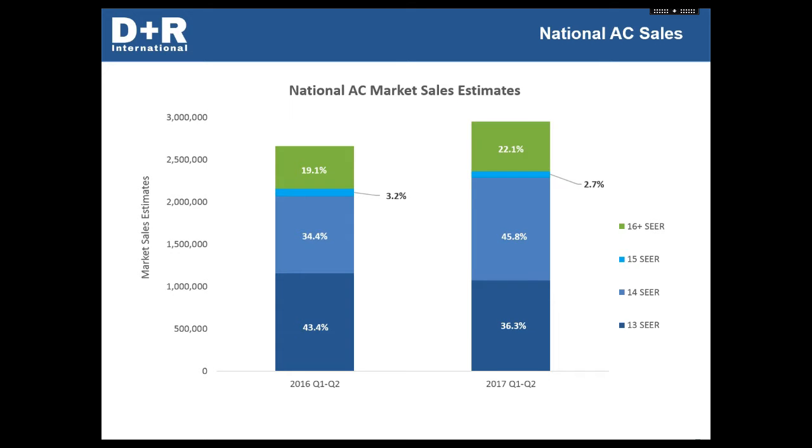So let's talk about the national results first for our 4 major product categories that we track with this program. The first one of those is ACs, and what you're looking at in front of you is 2016 Q1 and Q2 sales versus 2017 Q1 and Q2 sales. You're looking at the efficiency breakdown of ACs, the nominal SEER of the condensing unit, which is what we track through this program.